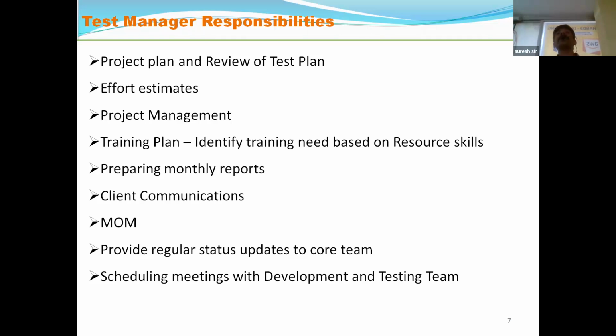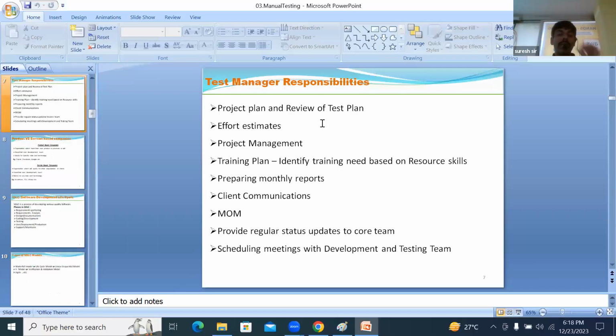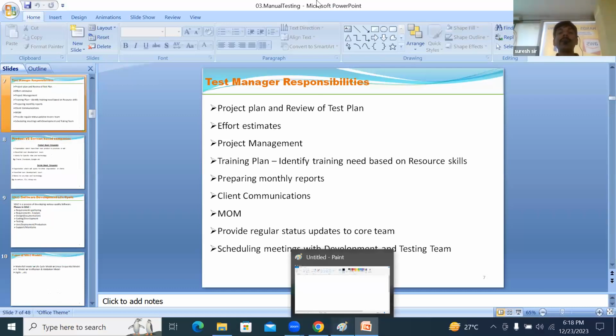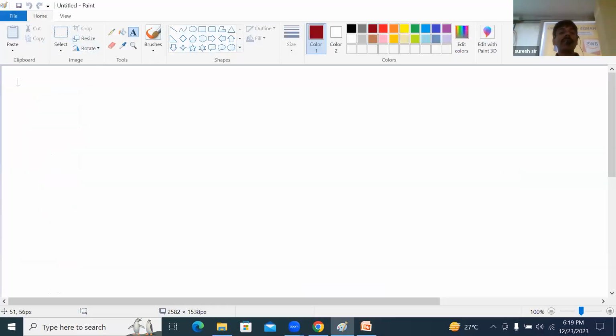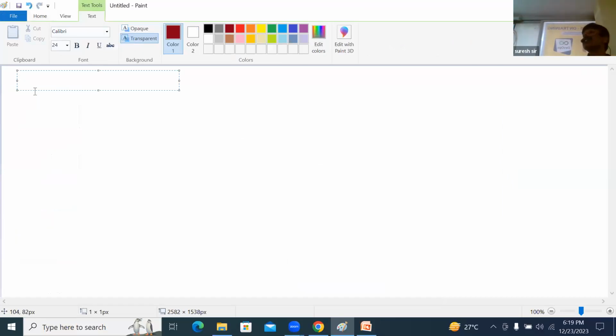Consider SDLC. What is it? Till now we have covered the very basics: why testing is required, the very first concept, and then the testing roles and responsibilities.